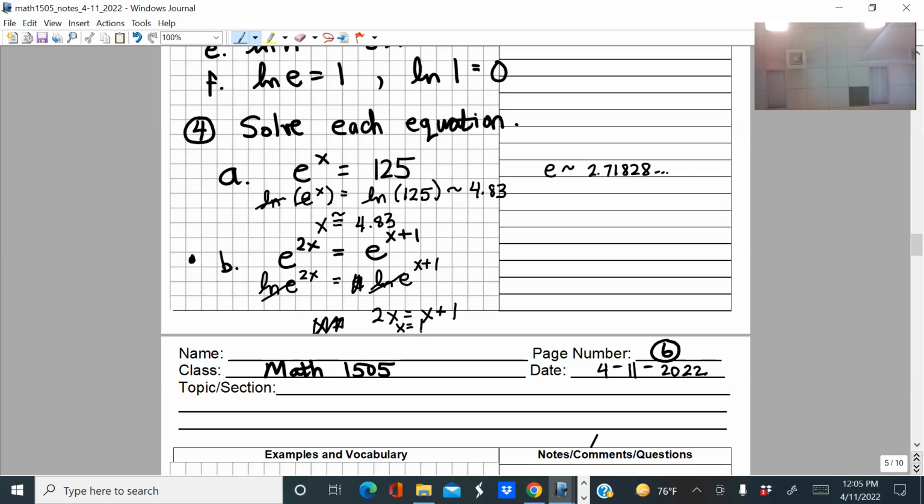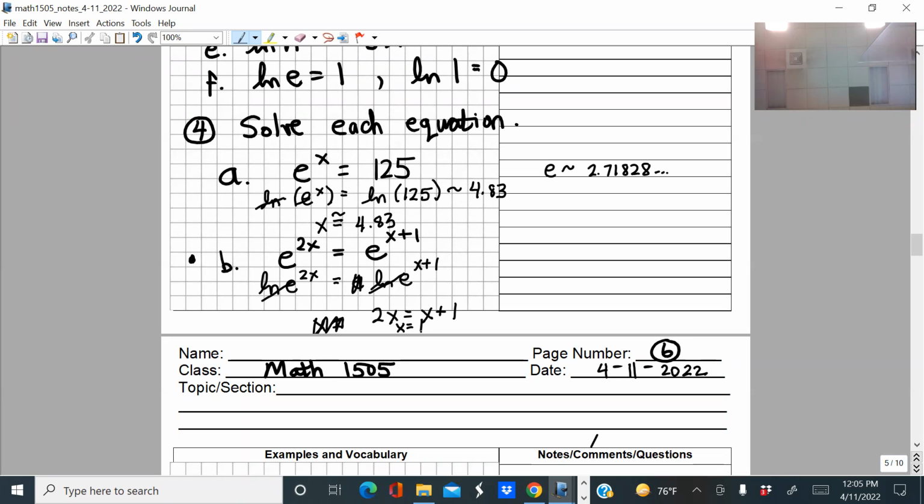Well, that's our beginning examples of how we're going to be applying this natural logarithmic function. It's the inverse of the natural exponential function, and so those functions work very nicely together in helping us solve equations.